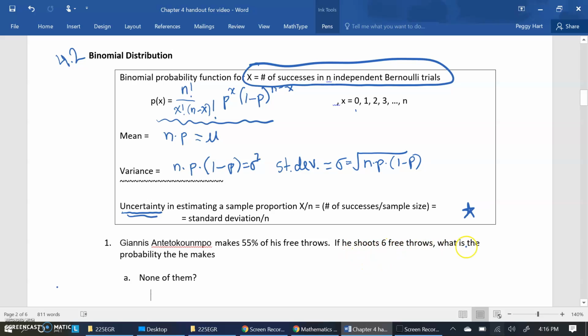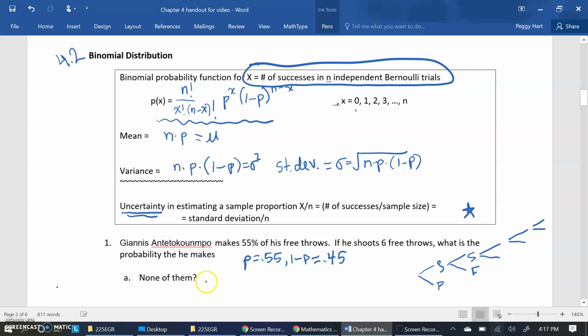If he shoots 6 free throws, what is the probability he makes none of them? You could make a little table. He succeeds or he fails on the first, he succeeds or he fails on the second, and so on. And you could figure out that the probability he makes none of them: if he makes 55%, then the probability of success, P, is 0.55, so 1 minus P is 0.45.